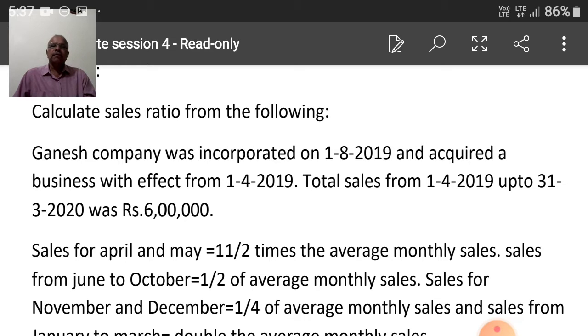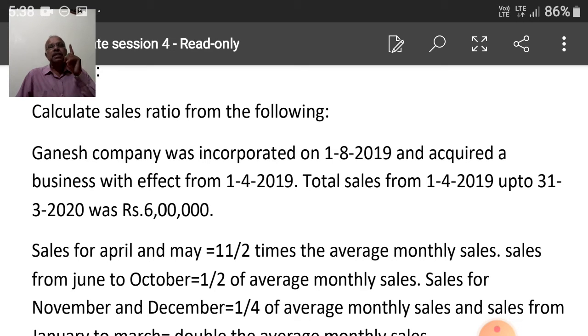Pre-incorporation sales means sales before incorporation of the company, and post-incorporation sales means sales after incorporation of the company. In this problem, Ganesh Company was incorporated on 1/8/2019 and acquired the business with effect from 1/4/2019.